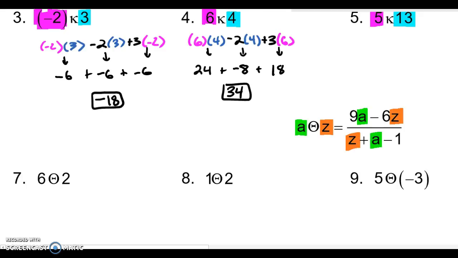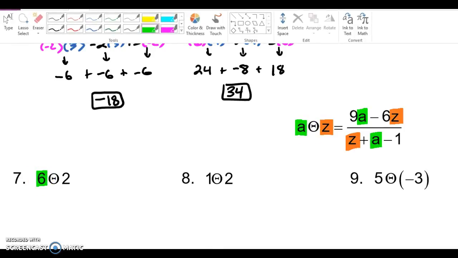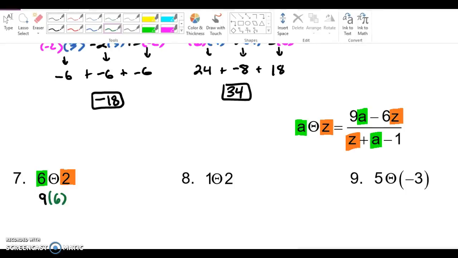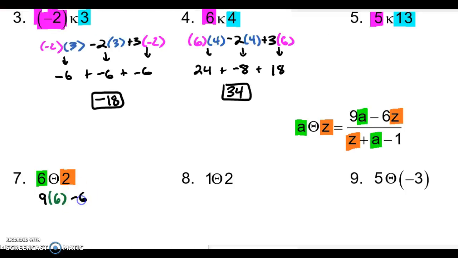Once again, we're going to look at our operation. We're going to pick out those numbers. A is the number in front of that circle thingamabobber. And so the other number is our z number. So when I'm setting this up, I'm going to take 9, and a is the next thing I plug in. In that case, it's 6. And then -6 times z.